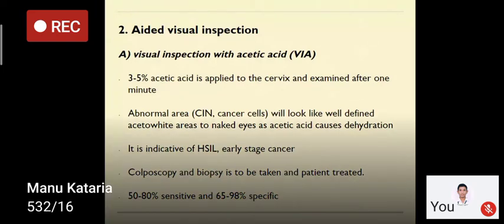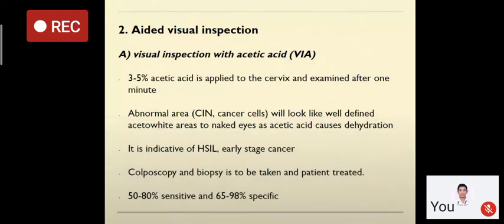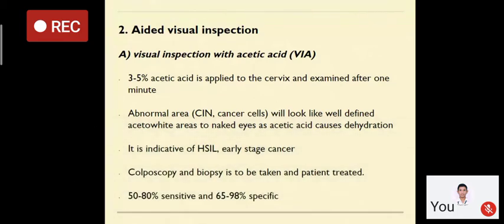But because the protein content of the cancer cells is much higher as compared to the normal cell, the normal cell will come back to normal shade of light pink or dark pink earlier as compared to the cancer cell, which will retain its white color because the coagulation of protein has occurred and the protein is more in the cancerous cells. So white area will be abnormal after application of acetic acid.